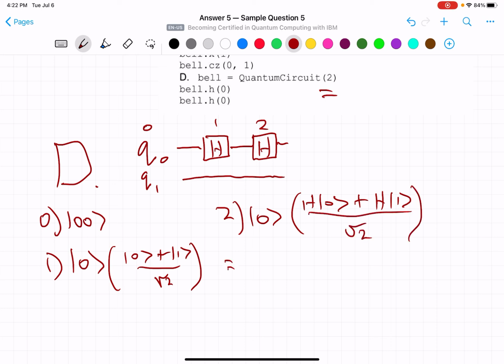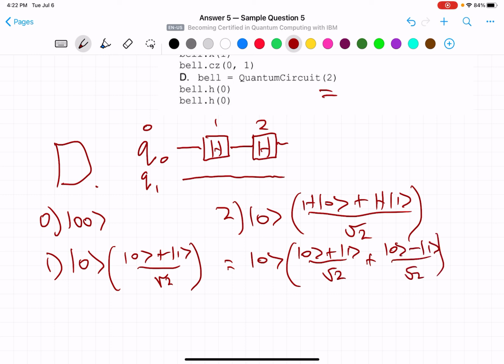Essentially it inverts the state, because the first creates the equal superposition of 0 and 1, and a Hadamard on the 1 state creates equal superposition with a relative phase.